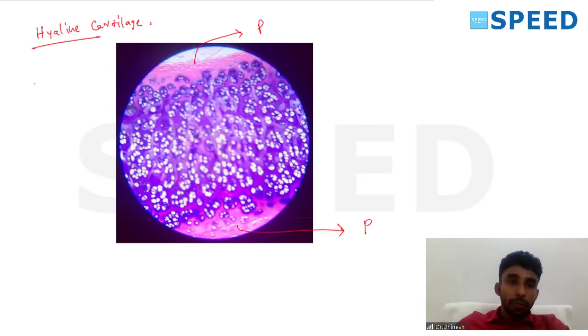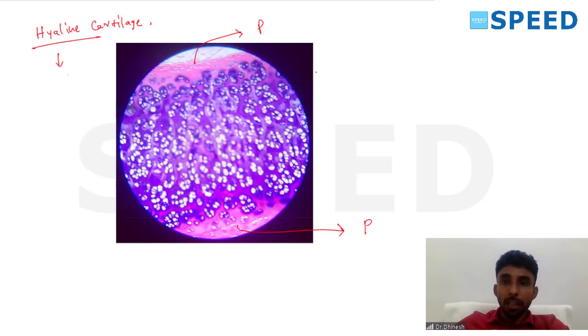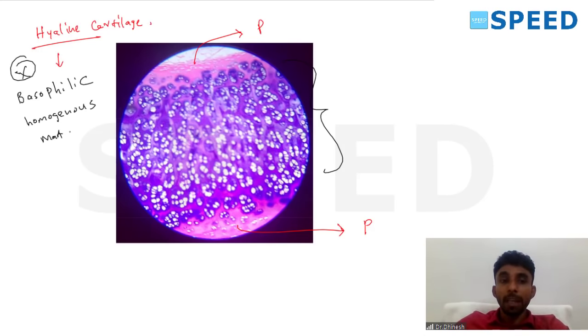The main point for identification of hyaline cartilage is the basophilic homogeneous matrix. Can you see the blue colored structure within the substance of hyaline cartilage? Hyaline cartilage can be easily identified by the staining nature, that is basophilic homogeneous matrix, appearing bluish in color.